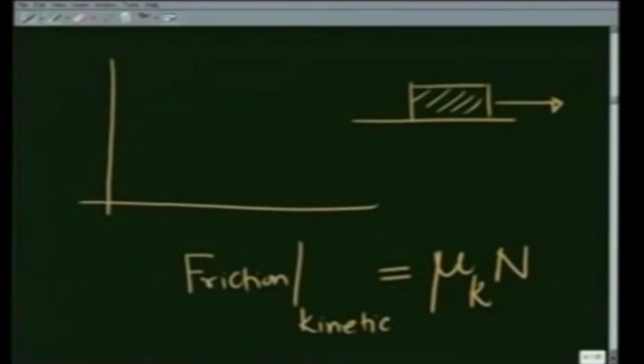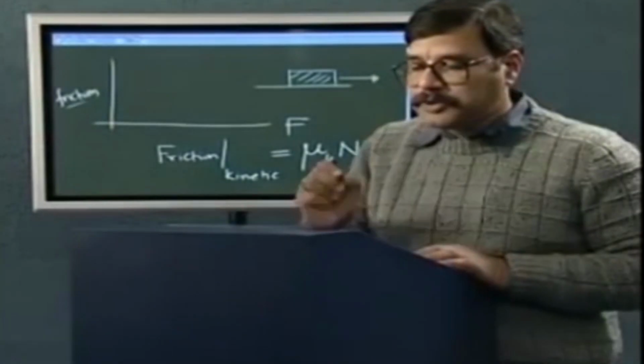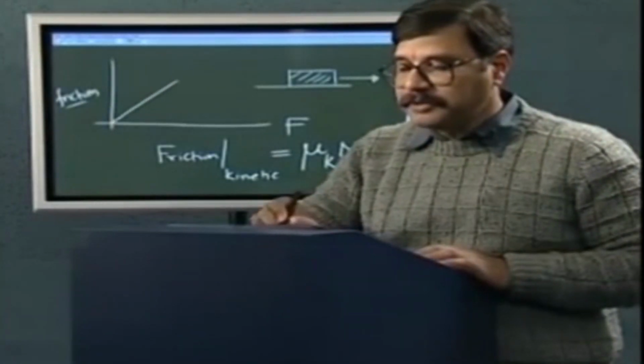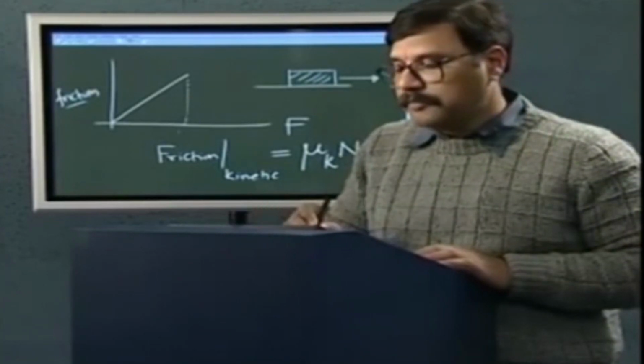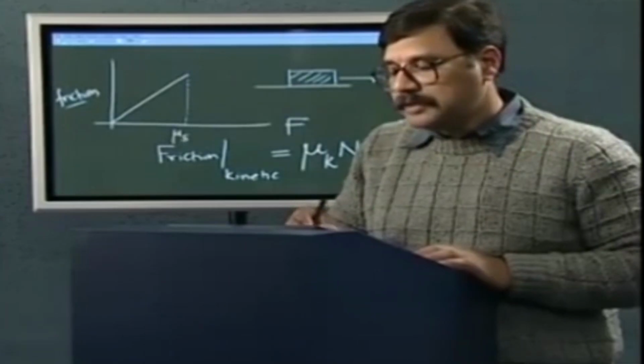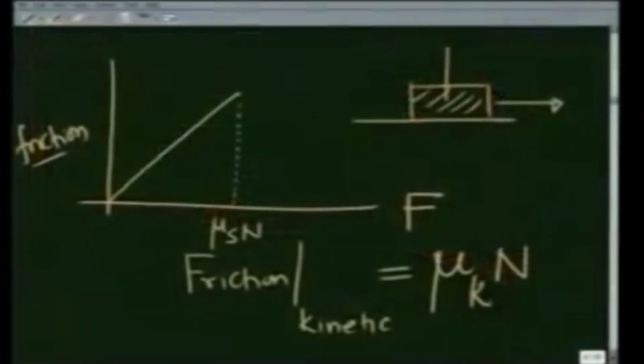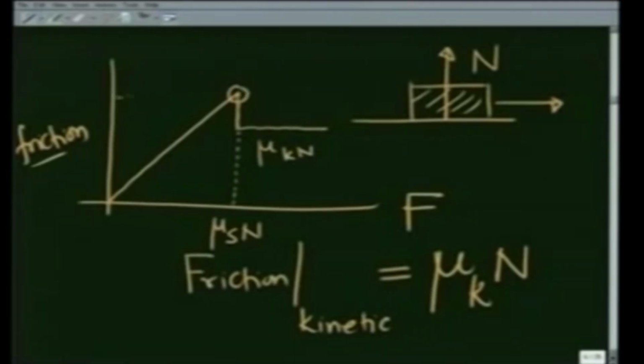So if I again plot the applied force versus friction, it will go up at 45 degrees until the maximum value of the frictional force, mu S N, has been reached, where N, as I said earlier, is the normal reaction of the surface. And as the body starts to move, the force drops a bit, but then is a constant. This is equal to mu k N. This point obviously is mu S N. Let me redraw it for clarity.